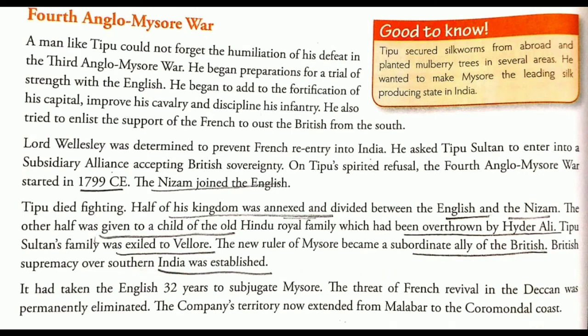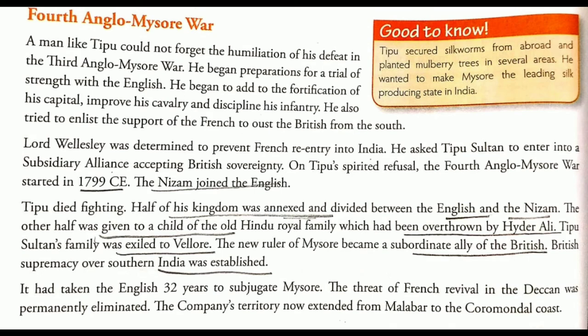So what happened next? Lord Wellesley was determined to prevent French re-entry into India. When the Britishers felt that Tipu was trying to get help from France, Lord Wellesley did not want at any cost that the French would come and enter the Indian fight. He asked Tipu Sultan to enter into the subsidiary alliance, accepting British sovereignty. So he asked Tipu Sultan to accept the subsidiary alliance.